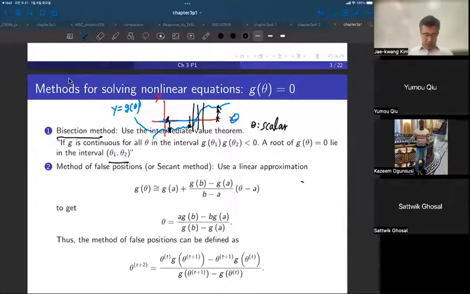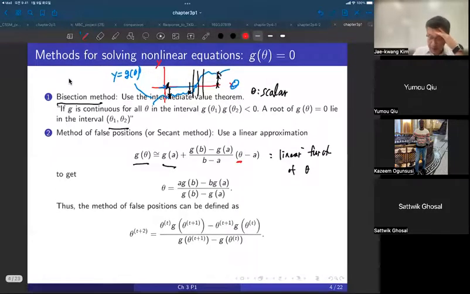And then there is the method of false position, where you can use linear approximation. Between A and B, you linearize in terms of zeta. This is a linear function of zeta, because you have only the first-order term, and a slope. How to compute the slope?